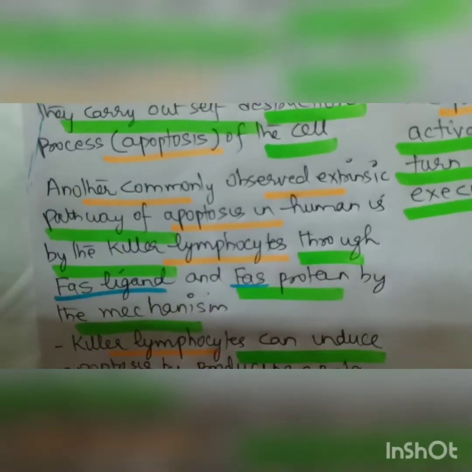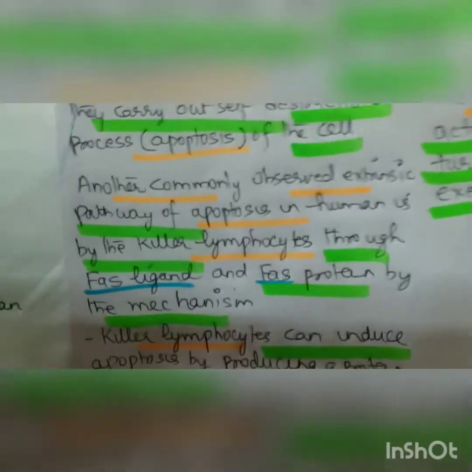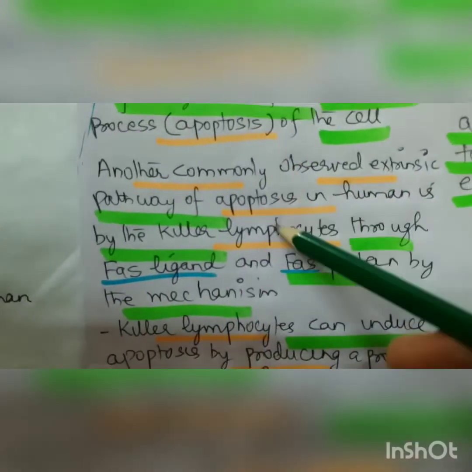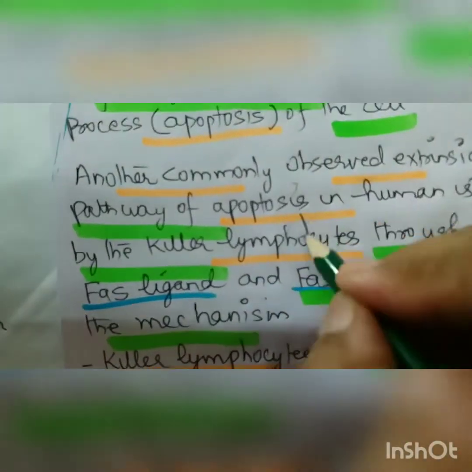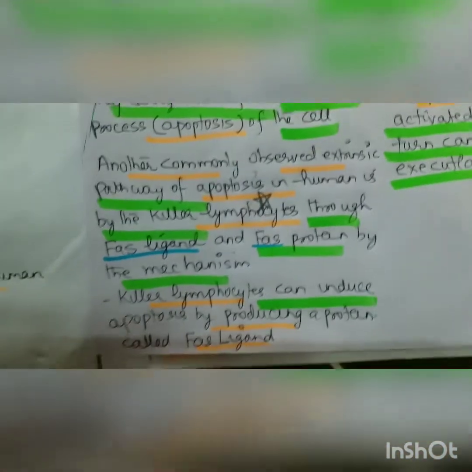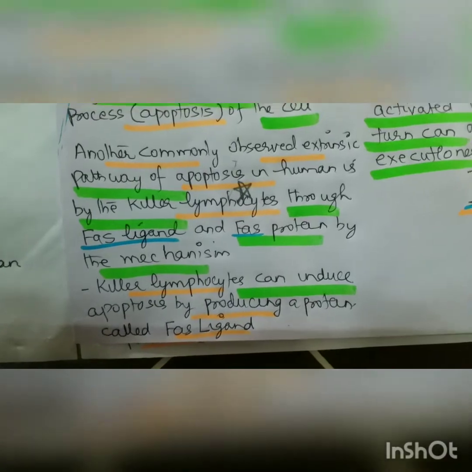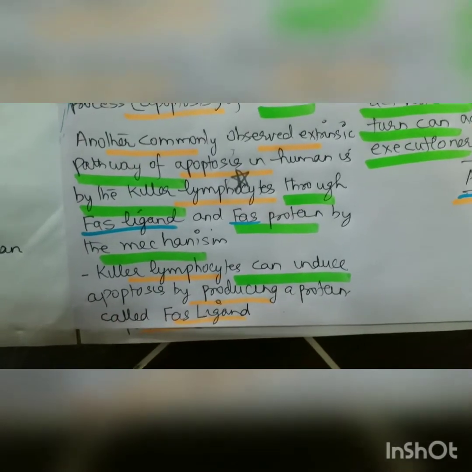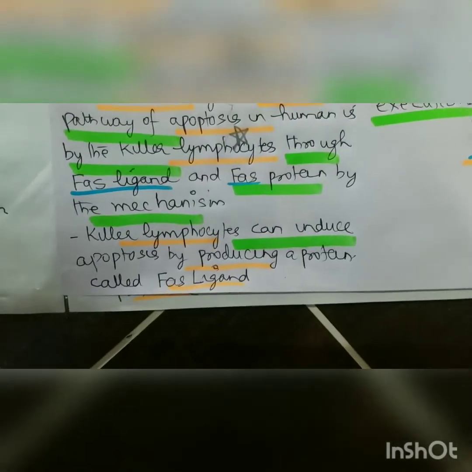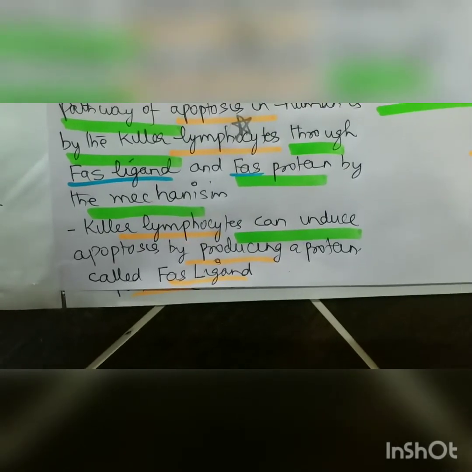Another commonly observed extrinsic pathway of apoptosis in humans is the killer lymphocyte. Very important. It works through the Fas ligand and Fas protein mechanism. As shown, killer lymphocytes can induce apoptosis by producing a protein called Fas ligand.